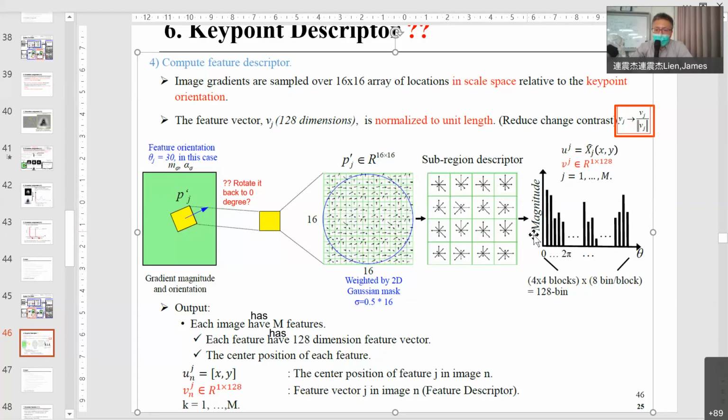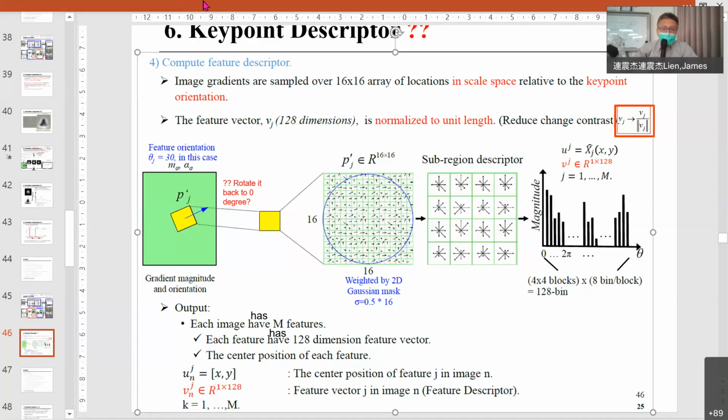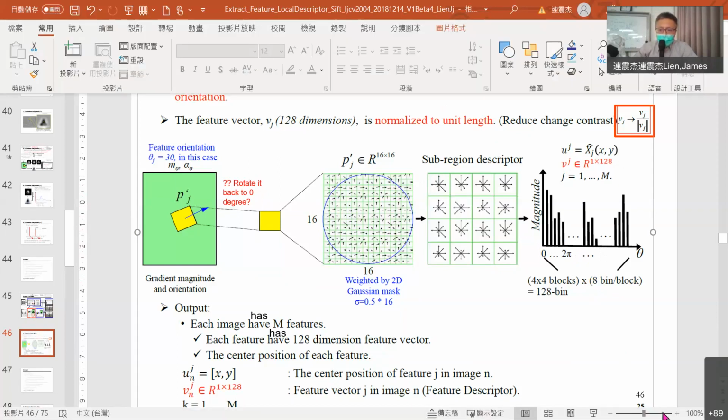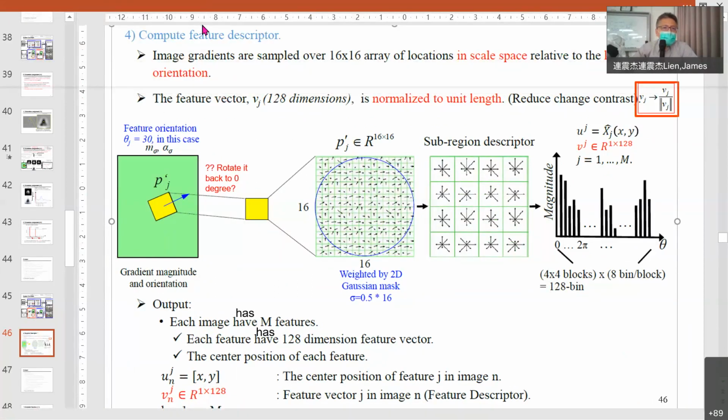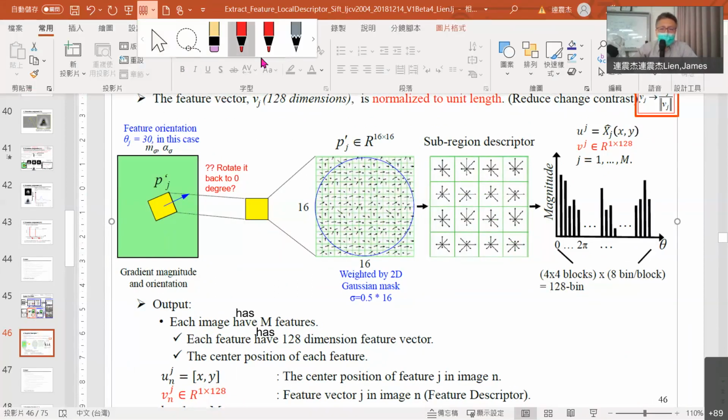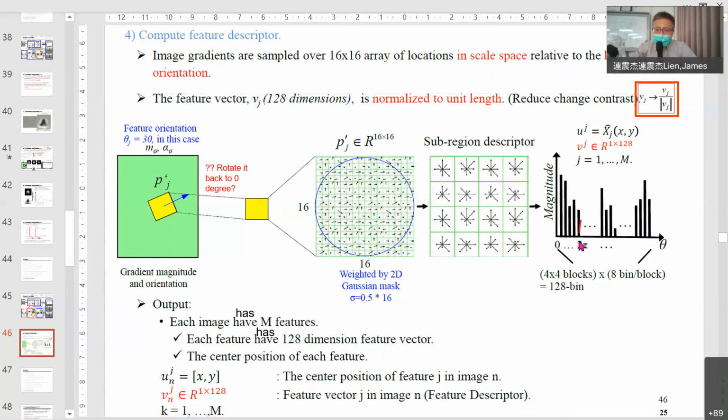This is the first one, then concatenate the second one, the third one. From here to here is only one block.